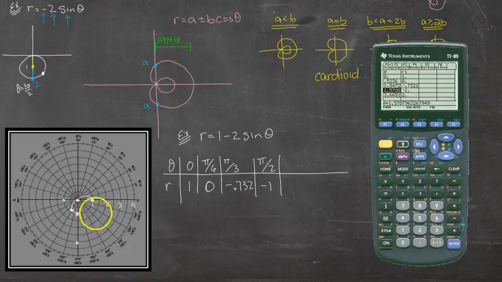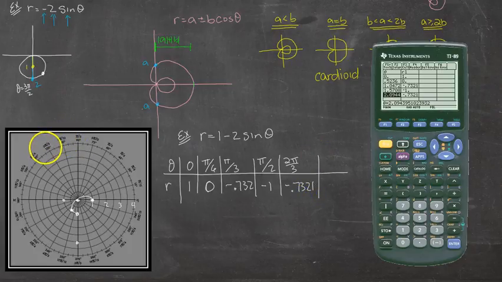Right? And I'm wanting to figure something out over here, which means I think I'm going to get these values when I start putting in these values over here. So I want to go to 2 pi over 3. 2 pi divided by 3 gives me negative 0.7321 for a radius.